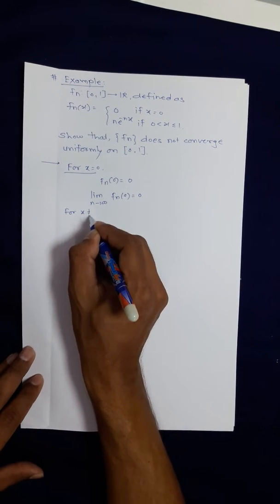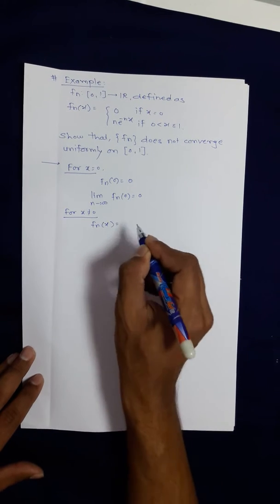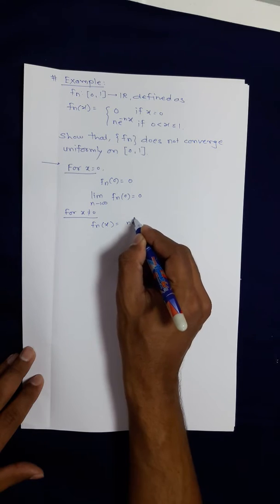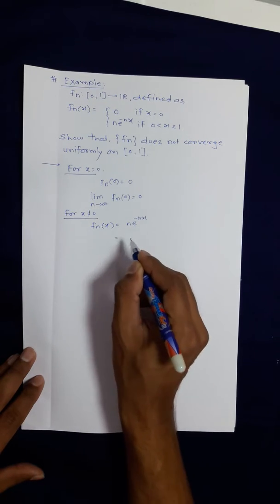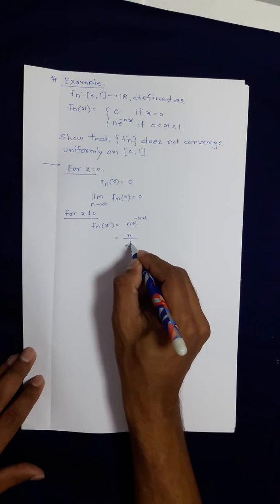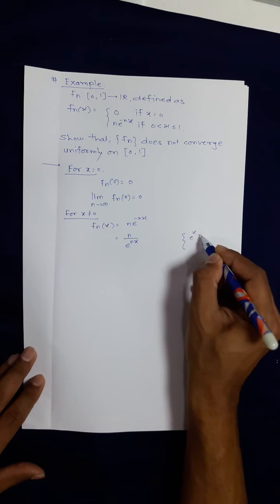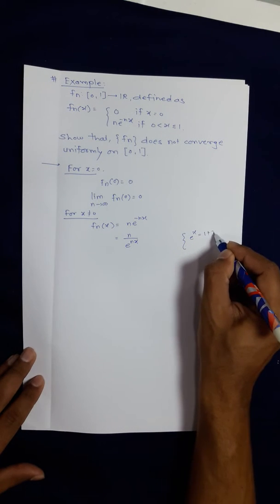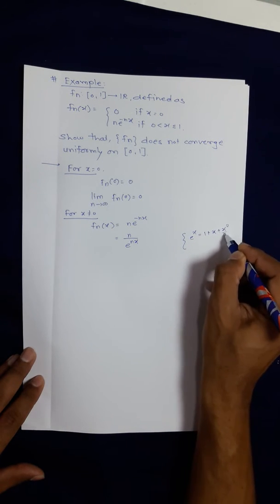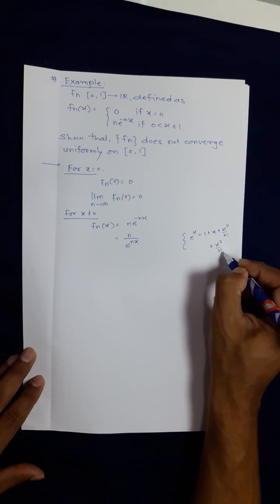For x not equal to 0, in this case fn of x is n e raised to minus nx. You know that when we have a negative power we write it in the denominator, so n upon e raised to nx. Do you know the expansion of e raised to x? It is 1 plus x plus x square by 2 factorial plus x cube by 3 factorial and so on.